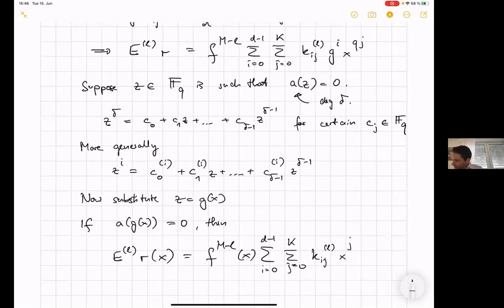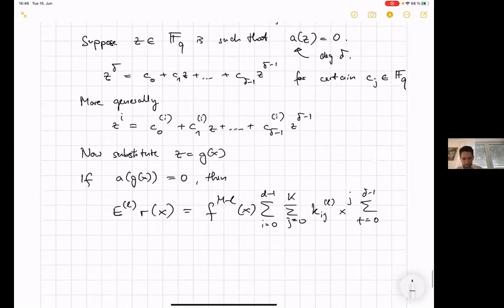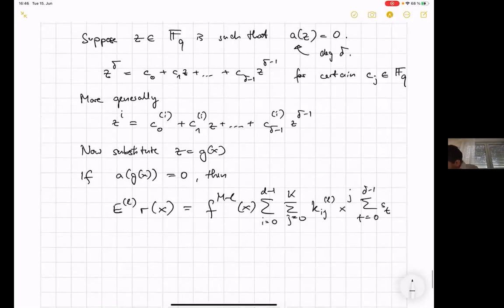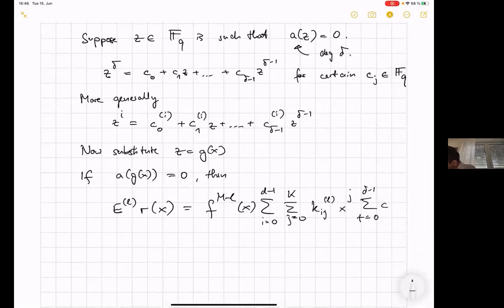And then g to the power i can be written as a sum over t from 0 to delta minus 1 of c_{t,i} and g to the power t of x.